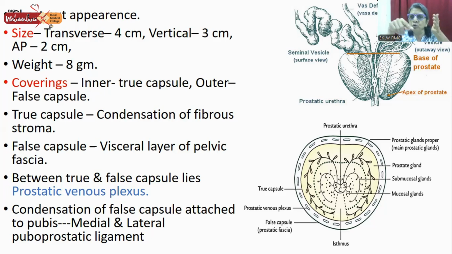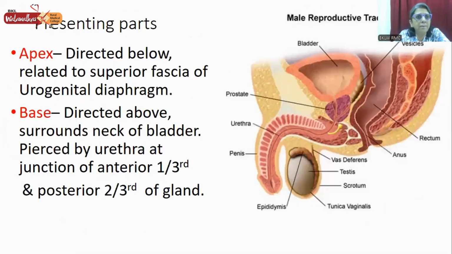Between these two capsules, we have the important prostatic venous plexus. The site is important for surgical purposes. The condensation of the pelvic fascia also forms a few ligaments related to the prostate, that is the puboprostatic ligaments, medial and lateral. We have seen these in the bladder lecture.